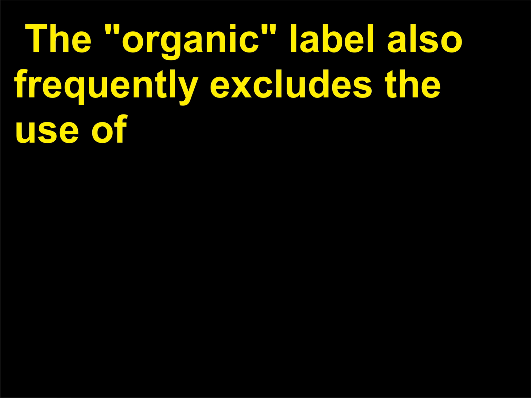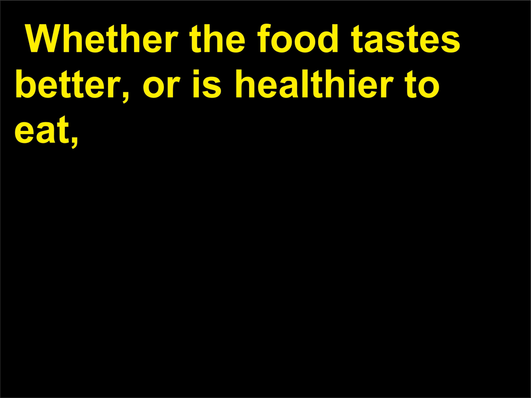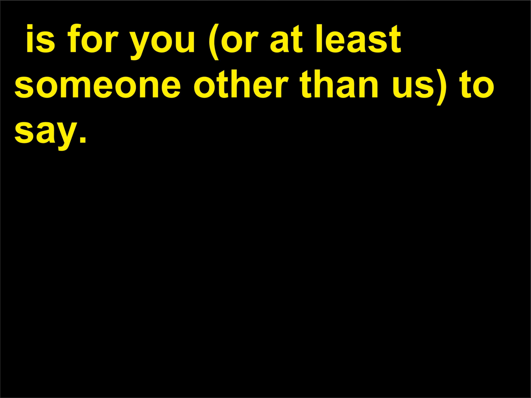The organic label also frequently excludes the use of irradiation and genetically modified fruits and vegetables. Whether the food tastes better, or is healthier to eat, is for you, or at least someone other than us, to say.